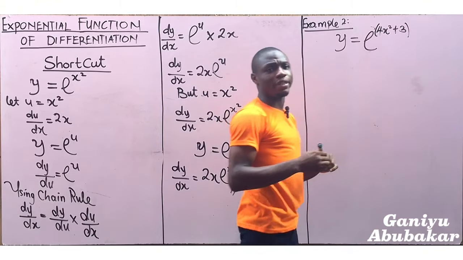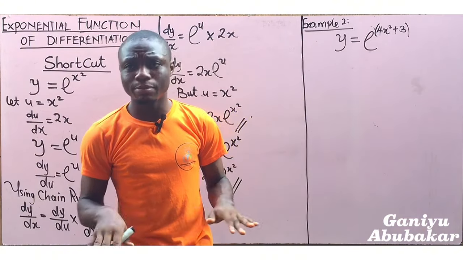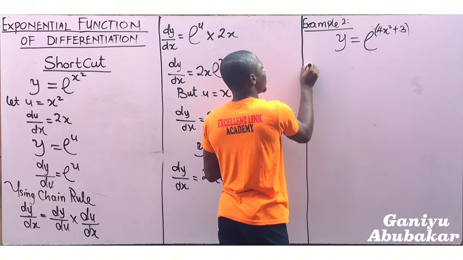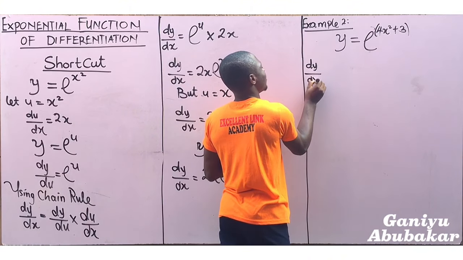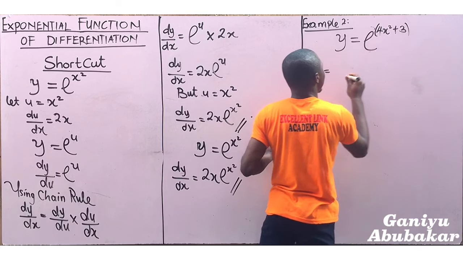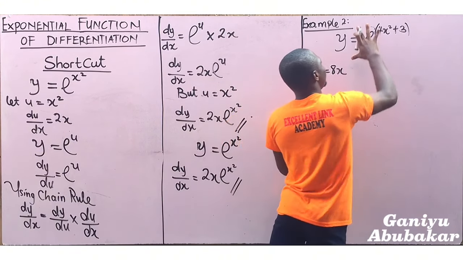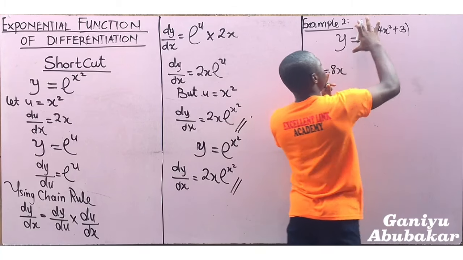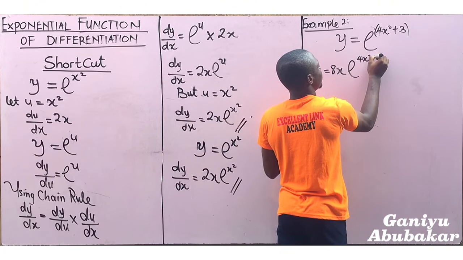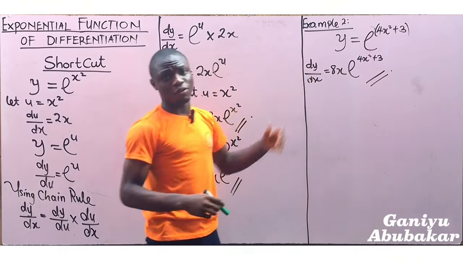So instead of wasting my time, let's apply the shortcut. Applying the shortcut is quite simple. First task is to differentiate the power. So I'll have that dy over dx is now equal to differentiate 4x squared plus 3. I'll have 8x, right? Next up, repeat the function, or perhaps repeat the question, exponential 4x squared plus 3. This is my answer here after differentiating it.